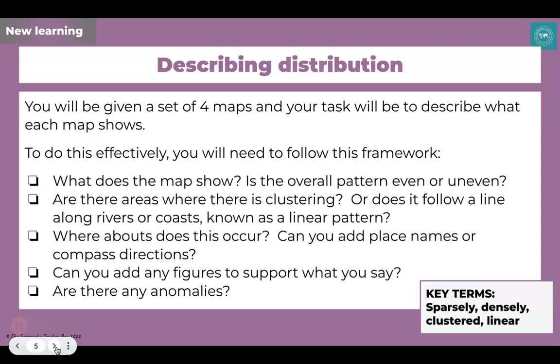Is it even or uneven? Secondly, are there areas where there's a certain amount of clustering? So are you noticing it in clumps, whatever the map's showing? Or is there perhaps a pattern whereby you're seeing things following a line, which would be a linear pattern. Can you describe where this pattern is occurring?